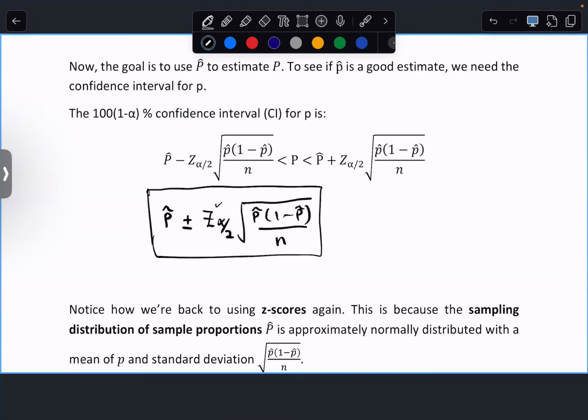Yes. So 1 minus p is also q? Exactly. So 1 minus p, some textbooks or some professors use q. I think I use q in some of my notes, but not in this one. Yes.